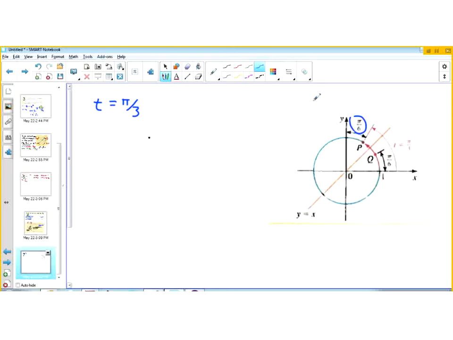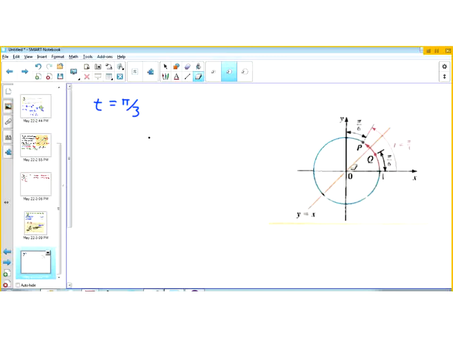In this case, not the reference number, but the shortest distance between the terminal point of pi thirds and the y-axis. Pi/6 is the reference number with respect to the y-axis, I guess you could say. It's the shortest distance along the unit circle from P to the y-axis. So that's pi/6. And how do we know this? Because t, the terminal number pi thirds, plus pi/6 gives you pi halves, all right?